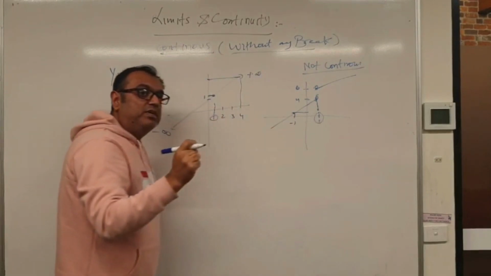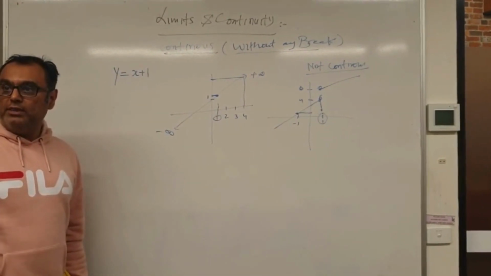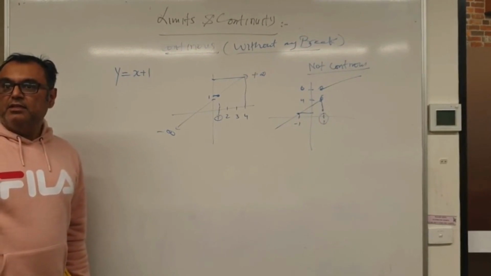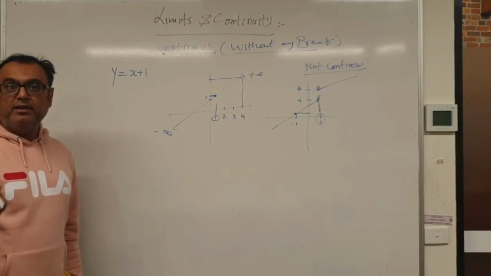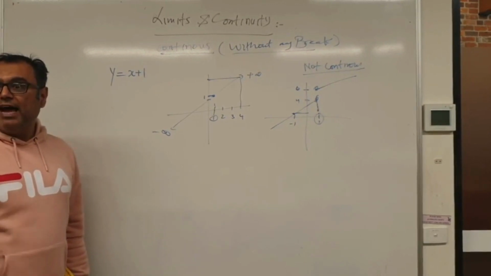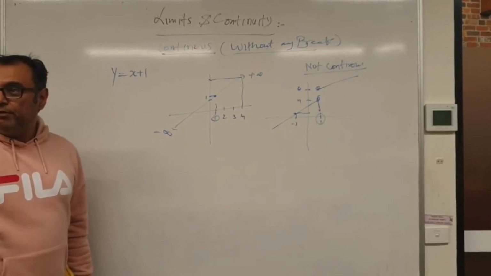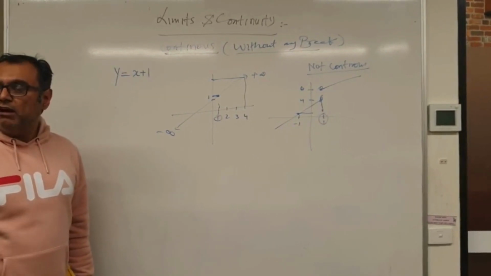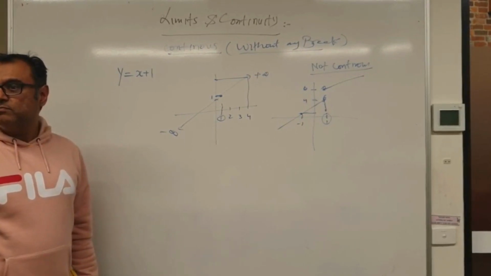So continuity is always with respect to a value on the x-axis. Hear me out loud and clear: if you can find a value of y for a given value of x, the function is continuous at that point on x.